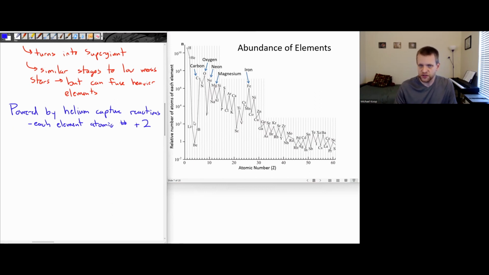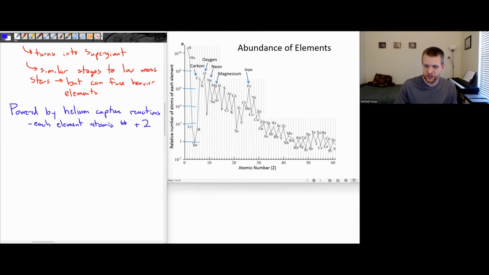Okay. So what this graph is looking at is the relative number of atoms in each element. So if I'm at this point on the graph, then I have 100 times as many atoms of this material as if I were at this point on the graph. So notice that this scale goes up by powers of 10.